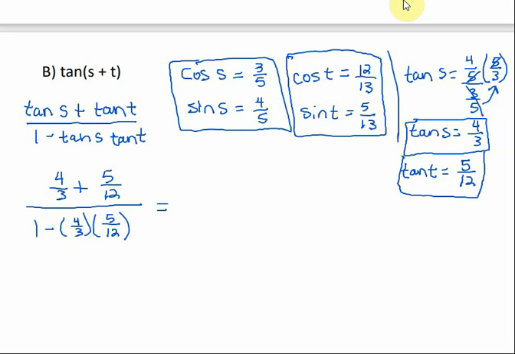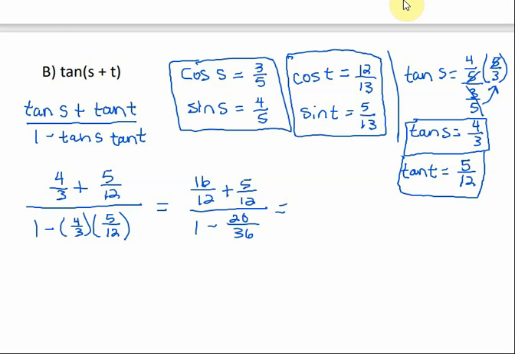Okay, now I have to have a common denominator to be able to add these together, so my least common denominator is 12. If I multiply both the numerator and the denominator of 4/3 times 4, I get 16 over 12 plus 5 over 12. And then I can multiply these two, and that would give me 20 over 36.